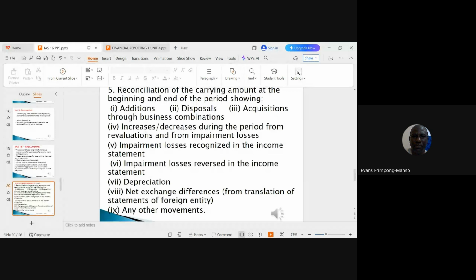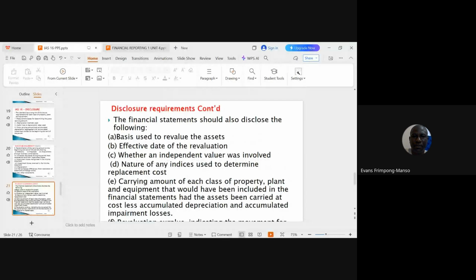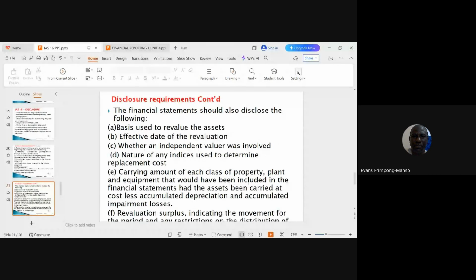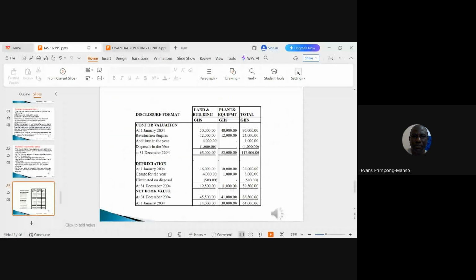So all these are some of the information that you have to disclose. It is very important on the financial statements. So there are many. You have to learn all of them. But it's not difficult.